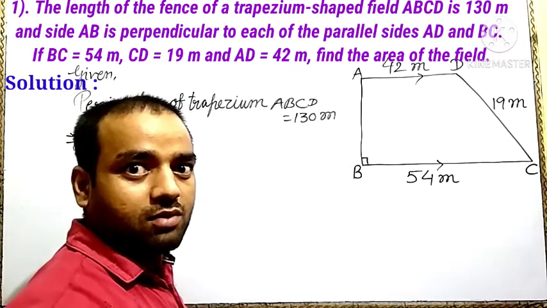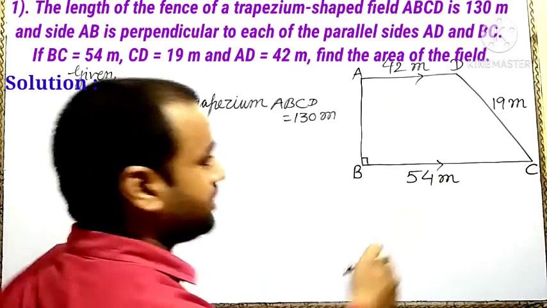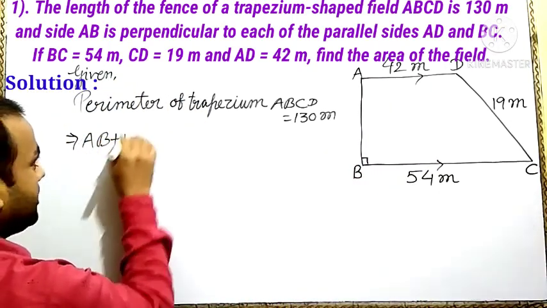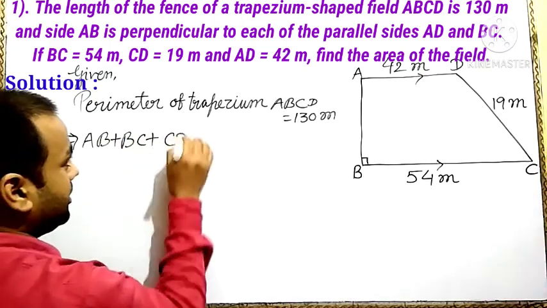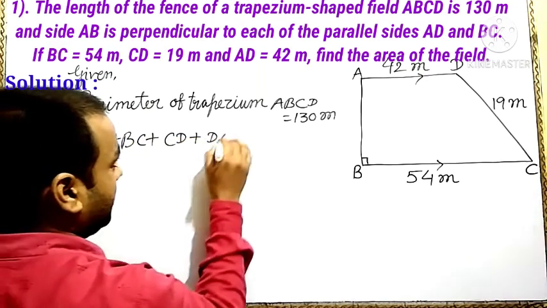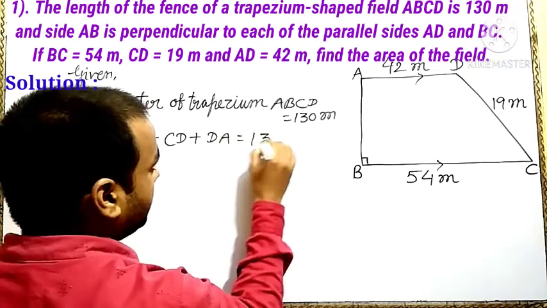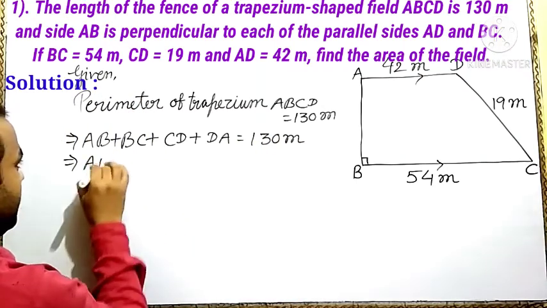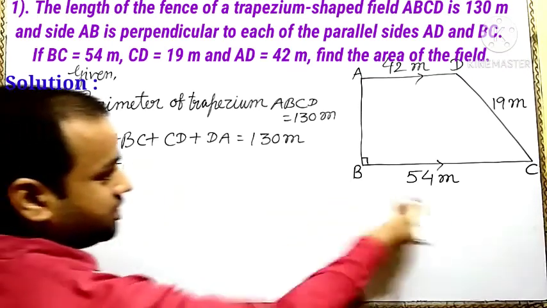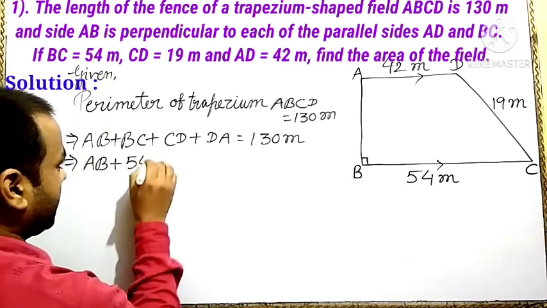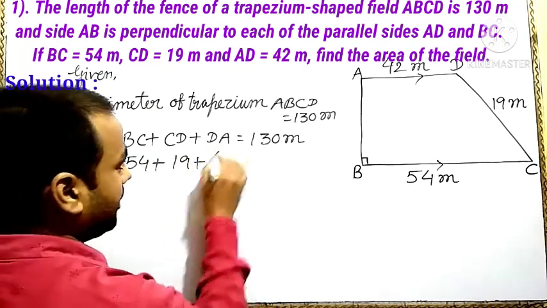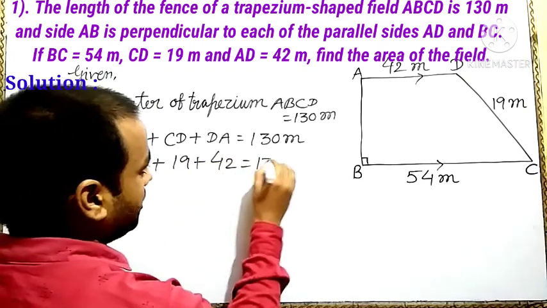Perimeter means sum of the length of all sides, means AB plus BC plus CD plus DA is equal to 130 meter. AB plus BC is given 54 meter, CD given 19 meter, DA given 42 meter is equal to 130 meter.